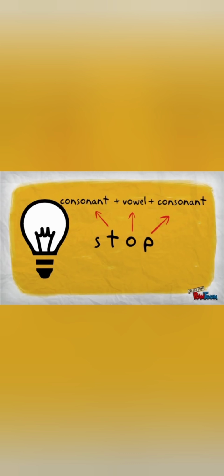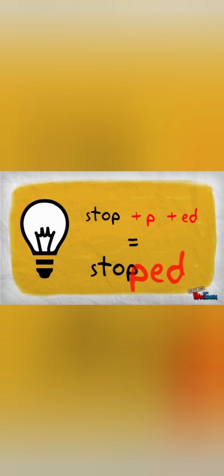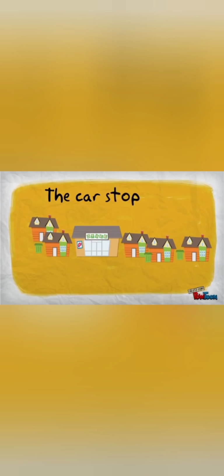Remember, when the verb ends in consonant plus vowel plus consonant, we double the last consonant and then we add ed in the end. For example, stop, stopped. The car stopped.